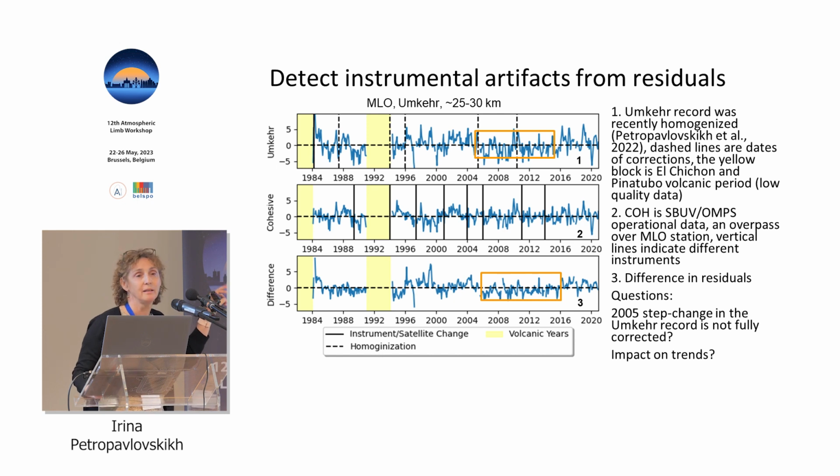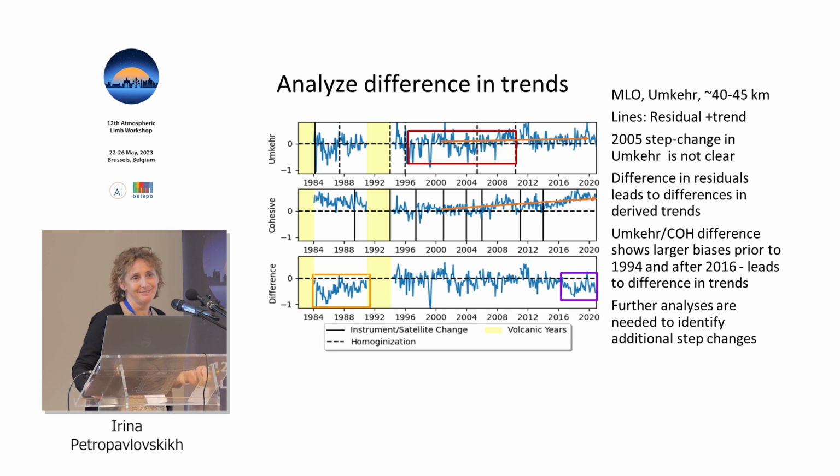And I removed the volcanic years because they're not interesting. No, actually, we cannot do really well during the volcanic periods. So now I look at slightly different altitudes. This is upper stratosphere. But look, this 2005 step change in the UMKIR data does not look like it's showing up. However, I left the trend component here.